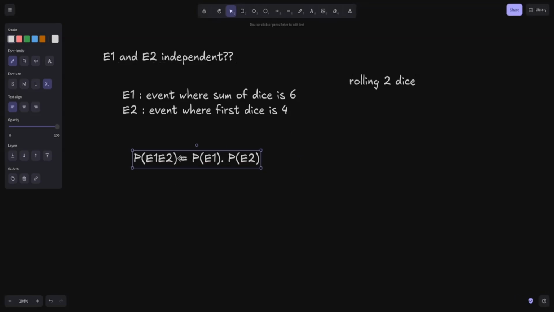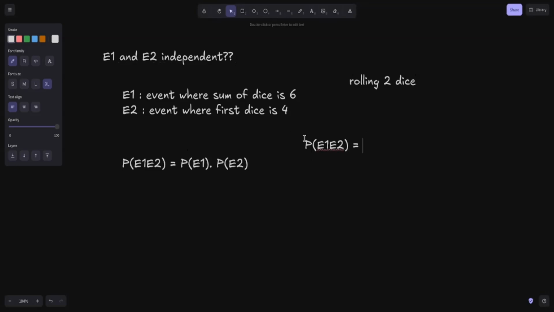So let's do LHS and RHS. LHS is P(E1E2). Sum of dice is 6 and first dice is 4, so it should be (4,2). It's only one possible outcome, that is 1 by 36. Now what is P(E1)?